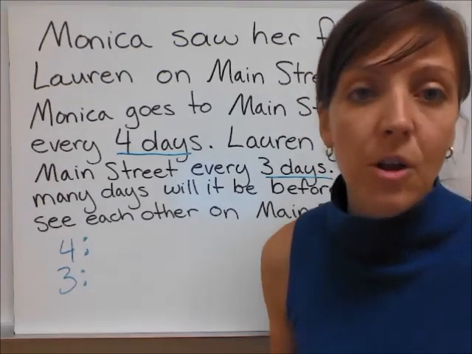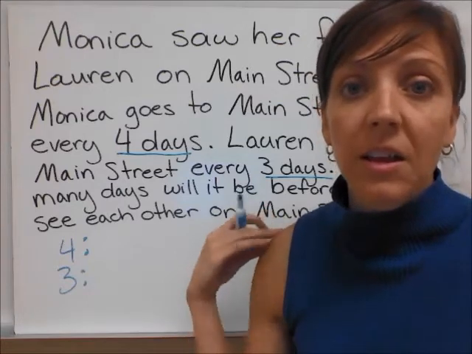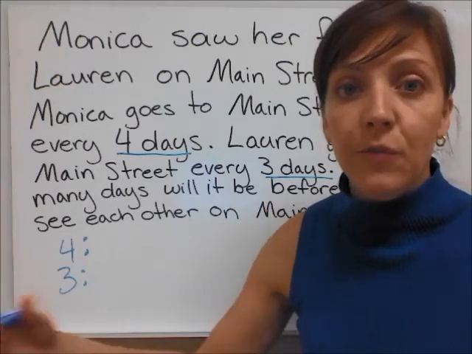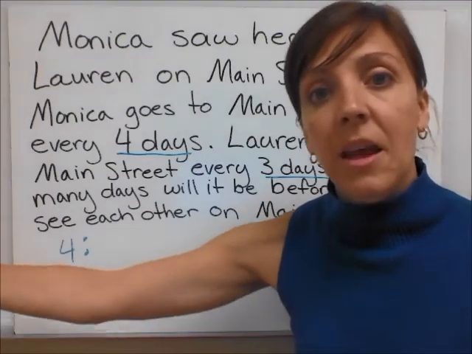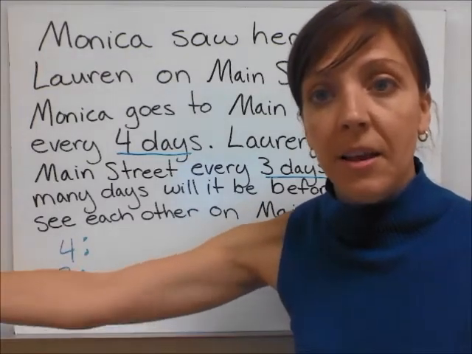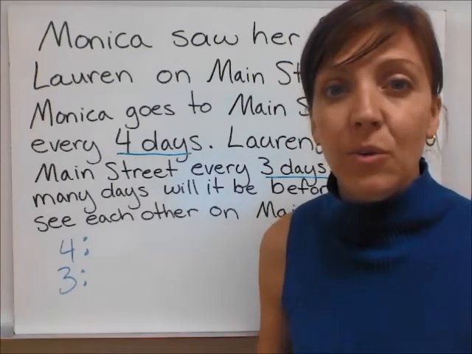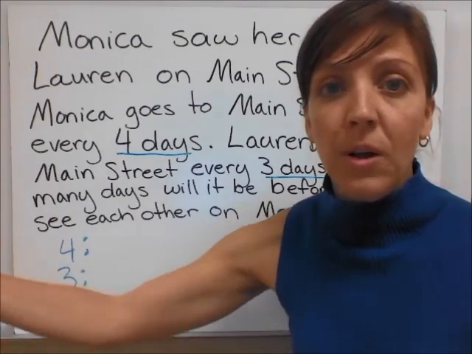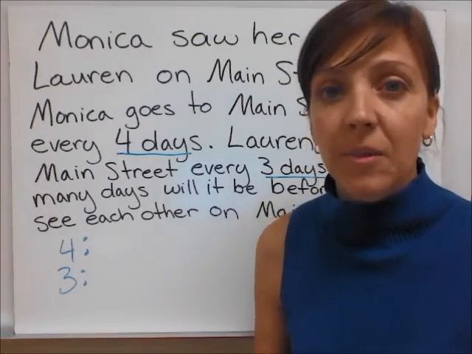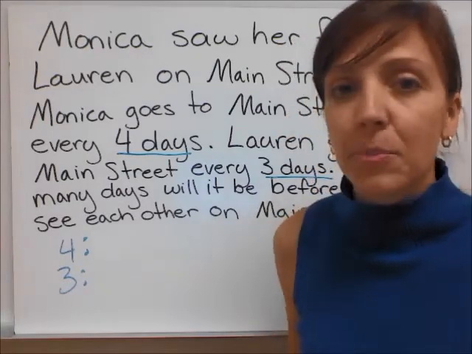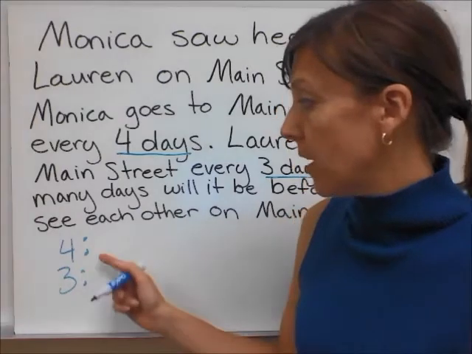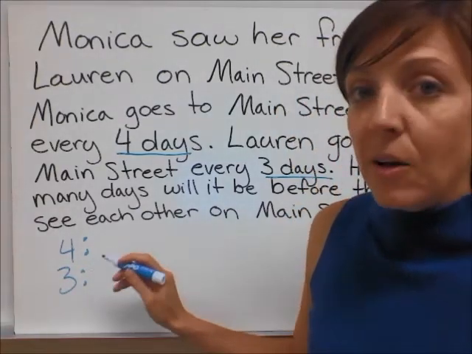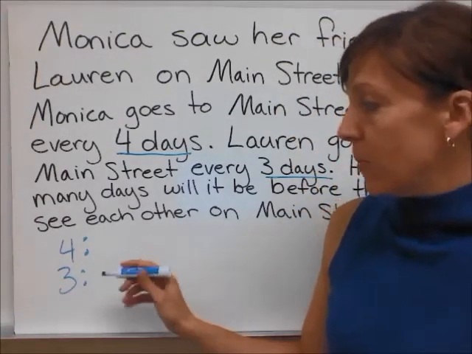The reason why I know that I'm listing multiples is because I'm looking for a future number, a larger number, something that's going to happen in the future. So we're counting forward. This is going to be a larger number. We're not splitting anything up. This is a future event that we're looking for. So I know that I'm looking for a multiple, a larger number.